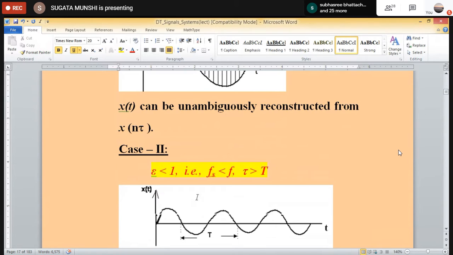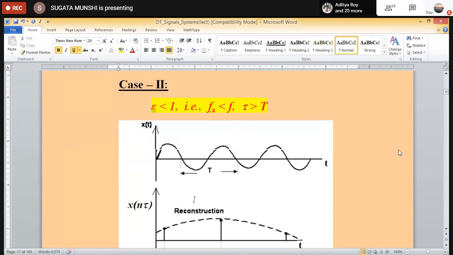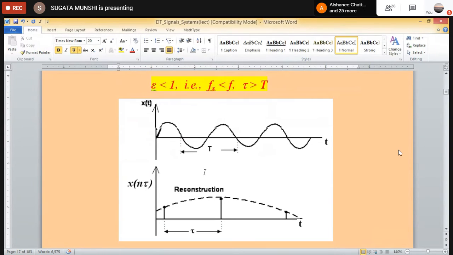Here, let me first show it. This was the original signal. I have considered only a few cycles of the signal, 3 cycles.